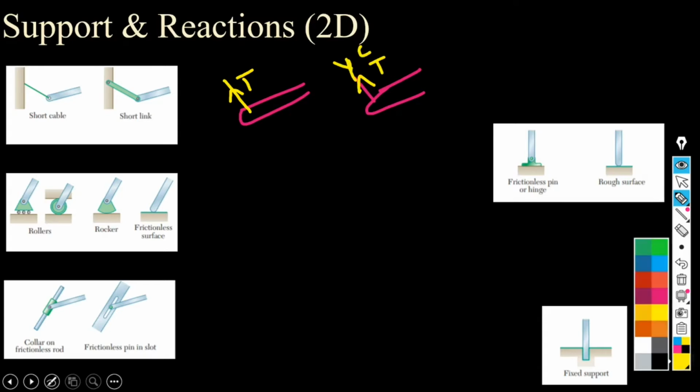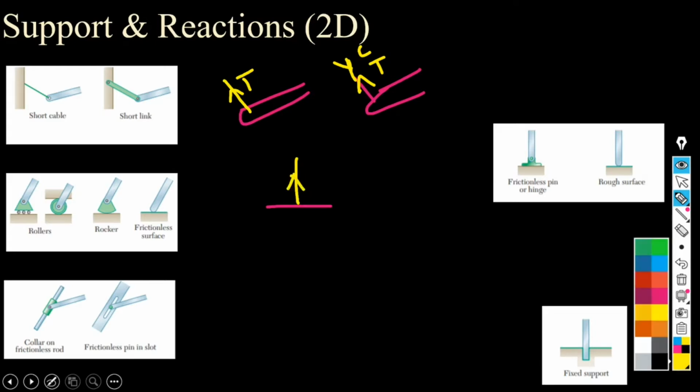The roller or rocker or frictionless surface cannot resist the moment as well as the axial force. It can only resist the vertical force, and the corresponding reaction force you can see here can only act in the vertical direction.